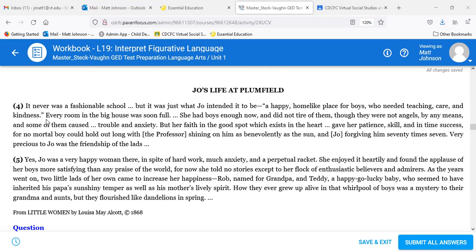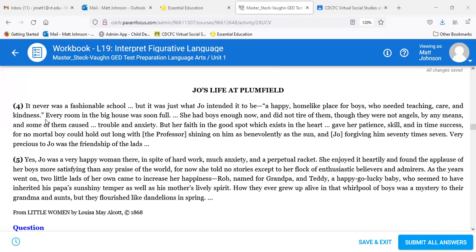Yes, Jo was a very happy woman there. In spite of hard work, much anxiety, and a perpetual racket, she enjoyed it heartily and found the applause of her boys more satisfying than any praise of the world. For now, she told no stories except to her flock of enthusiastic believers and admirers.